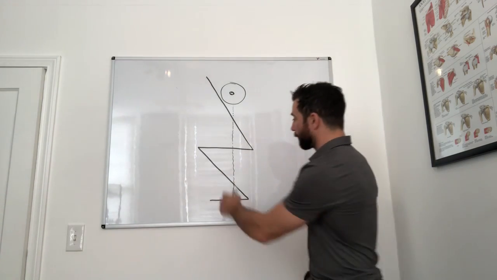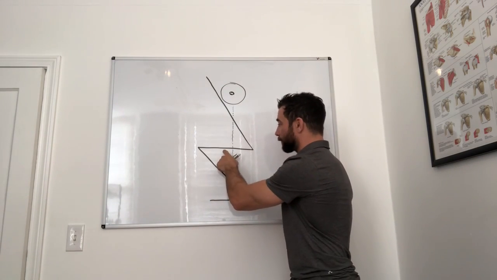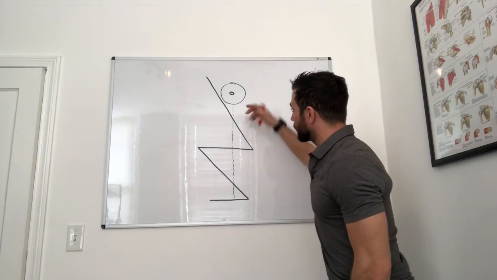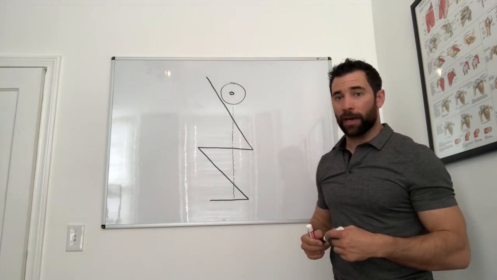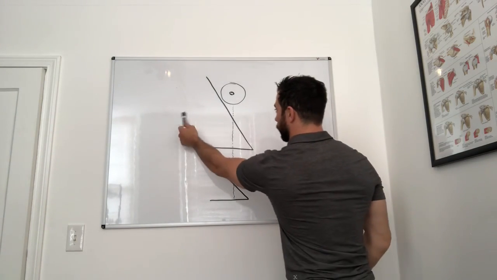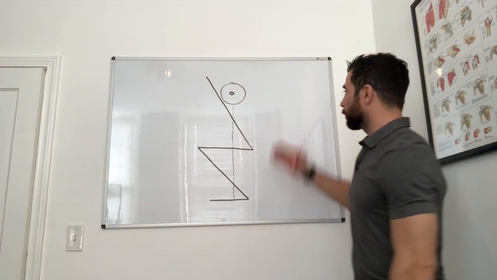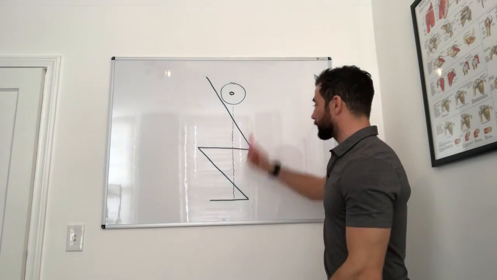So if my tib-fib length is X and my femur length is X, this is the angle that I need to be to stay where the weight is going straight down, right? If that weight comes forward, I get pushed forward. If the weight goes backwards, I get pushed backwards, right? So for this particular ratio that I just drew there randomly, that's what it's going to be.